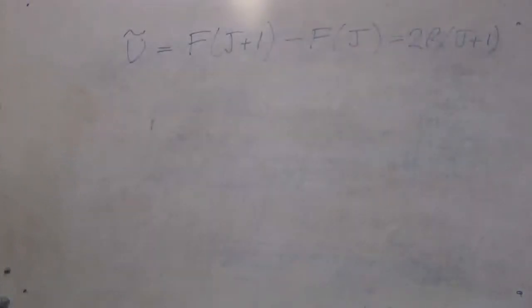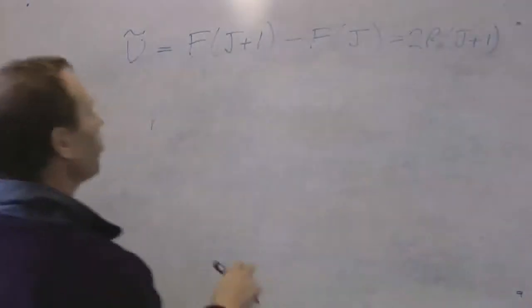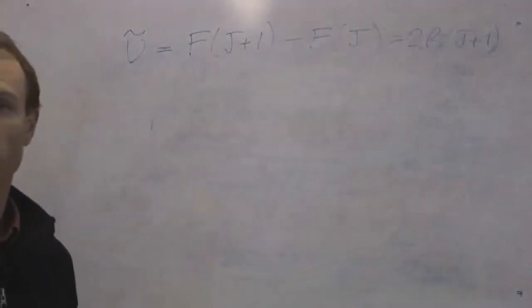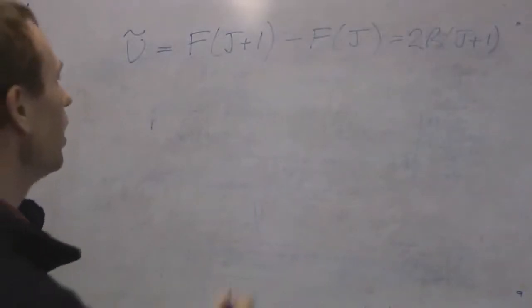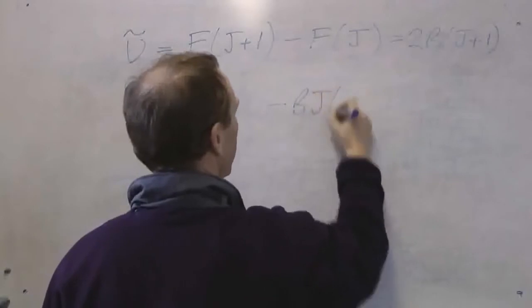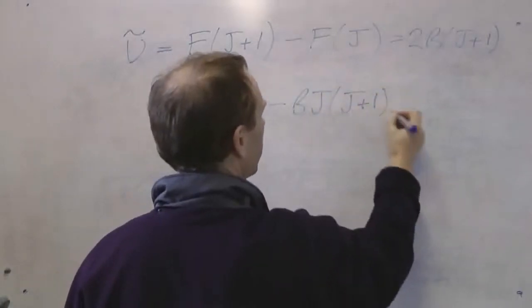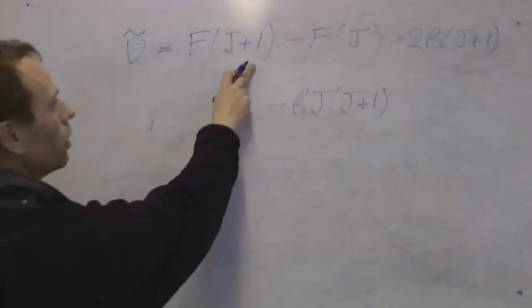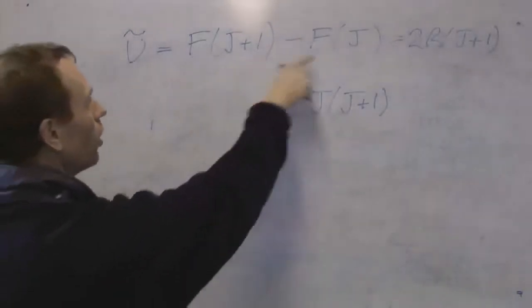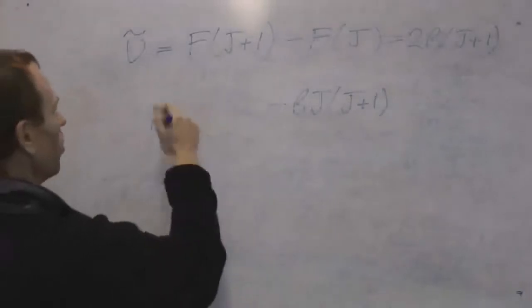Okay, so to show this, we first need to know what F of J and F of J plus 1 are. So F of J, we should know, is BJ(J plus 1).